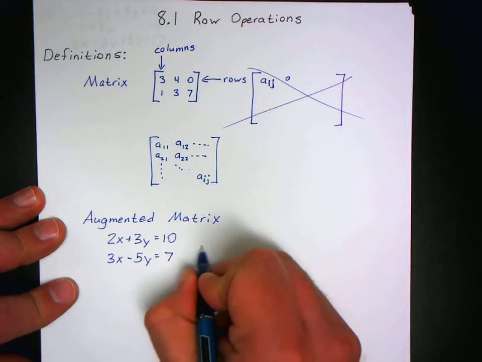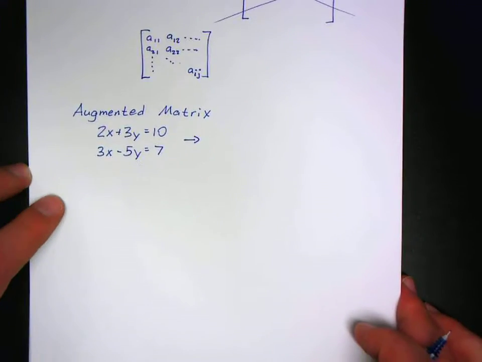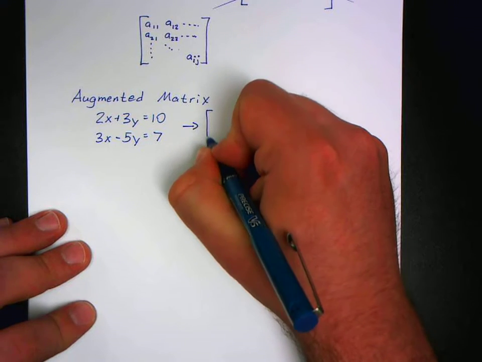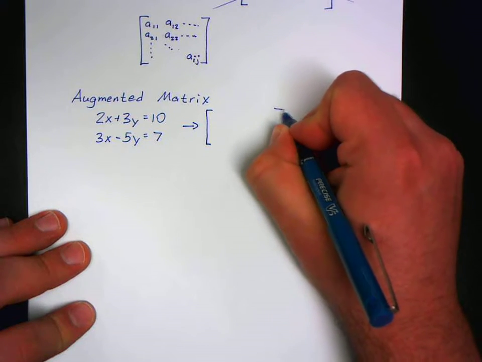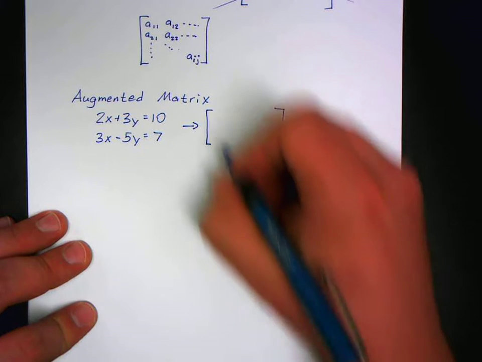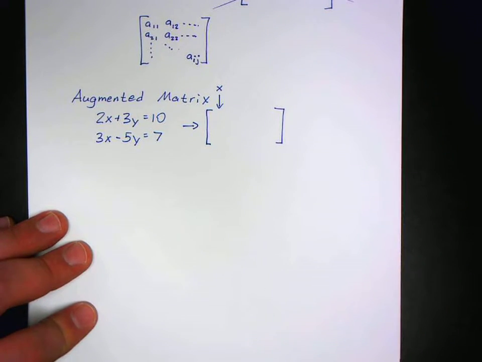Okay, what an augmented matrix is, we're going to take that information and we're going to put it inside of a matrix. So we have one column that represents the x coefficients.